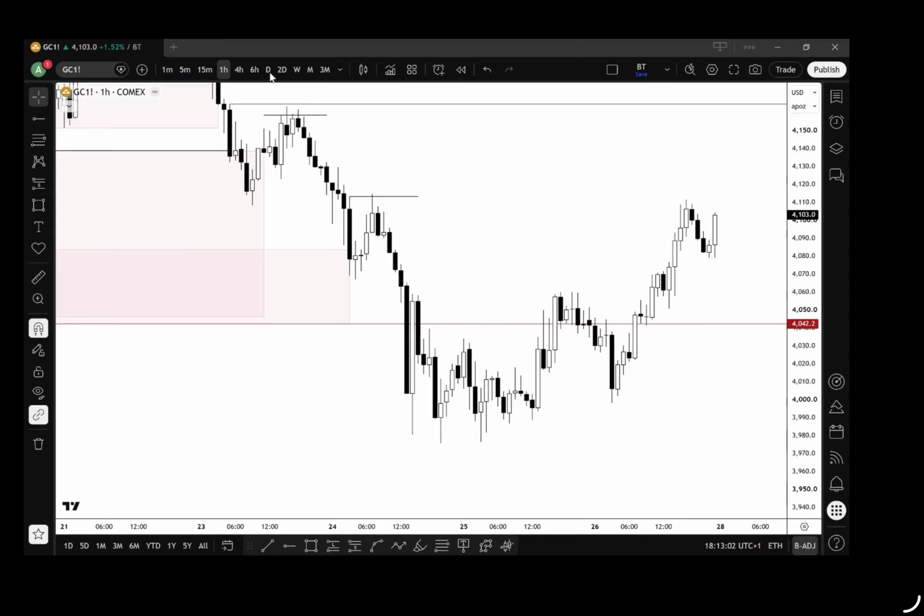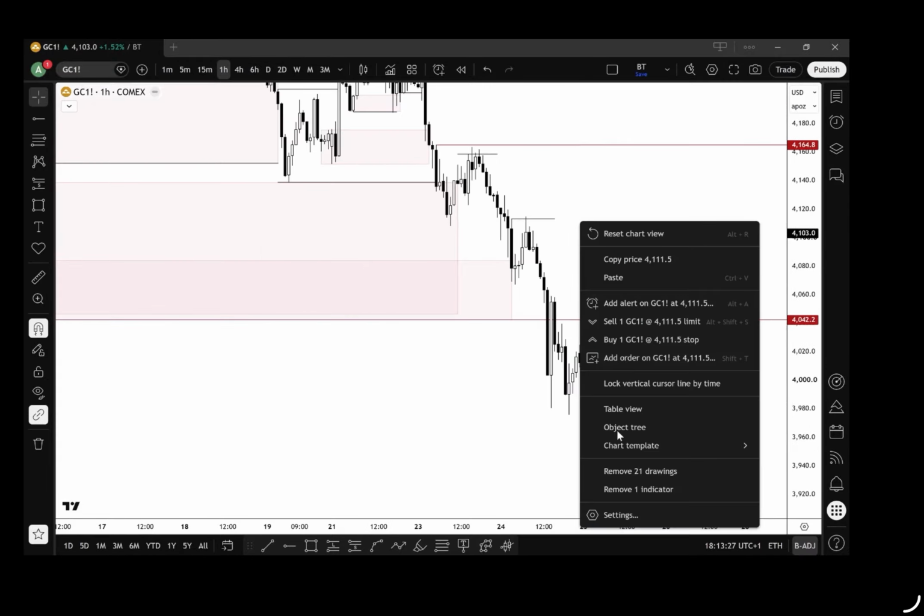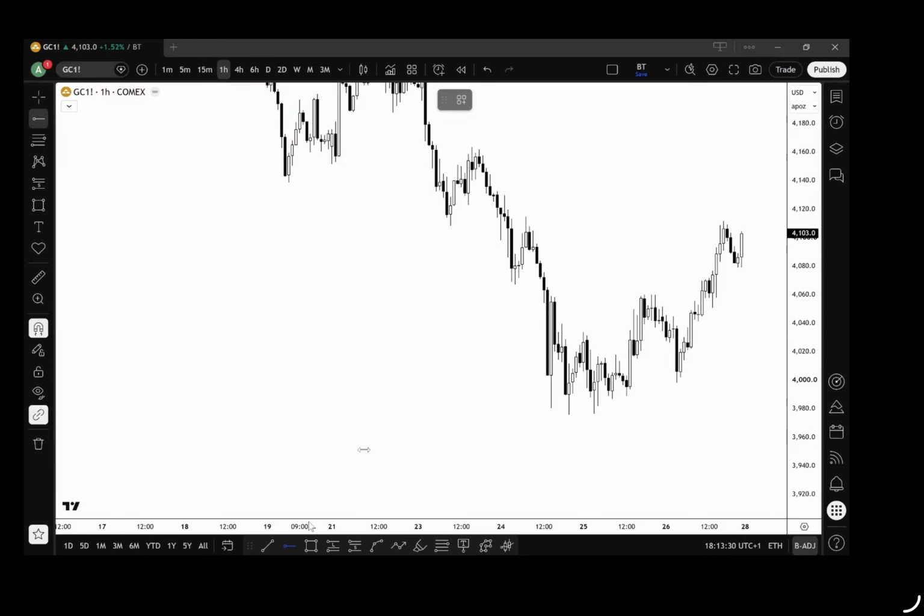And where would they be taking positions from? Well, that's what we want to see on the charts. So you can see how I've marked that liquidity out. I'm just going to clear my charts and keep that there.